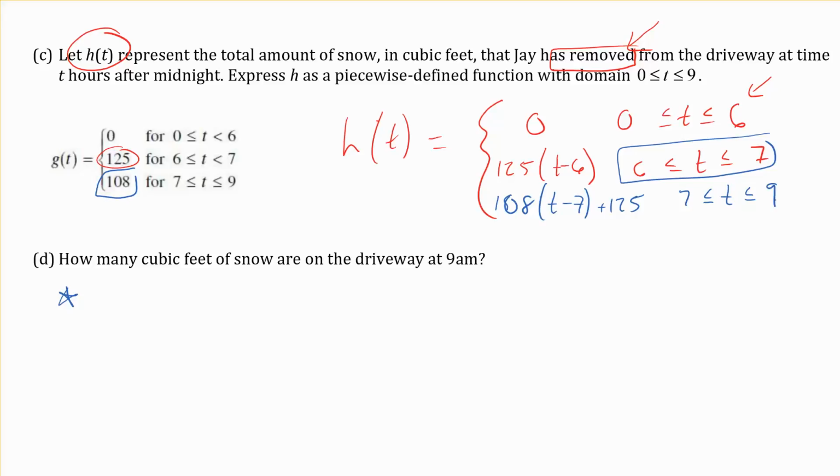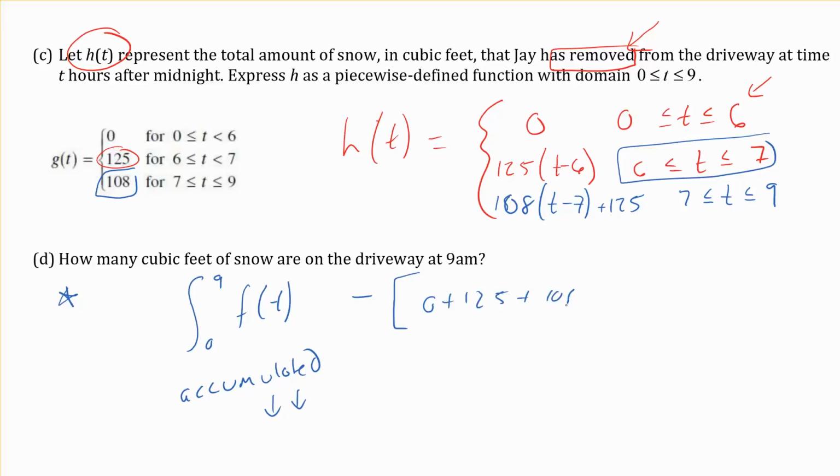And how many cubic feet of snow are on the driveway at 9 a.m.? Well, again, with our calculator, the integral from 0 to 9 of f of t tells me how much snow has accumulated. That's how much has come down. Minus, and most of you did this correct, it's really like 0 plus 125 plus 108 times 2.